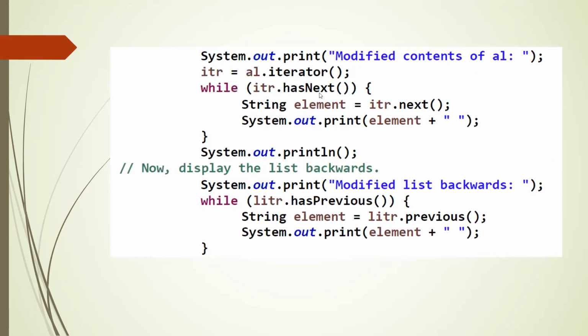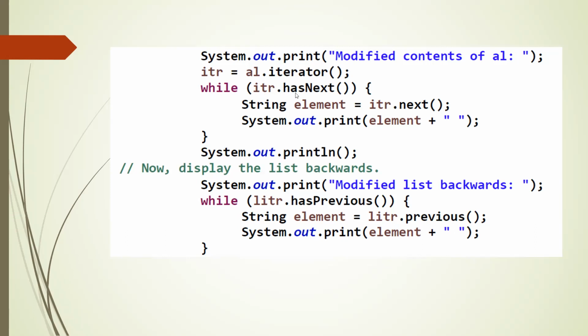In this slide, after we modify each element in the list with the plus symbol, we again use a while loop. Before using the while loop, we have to create an object ITR equal to the ArrayList iterator. This method will make the cursor move to the first position of the list.